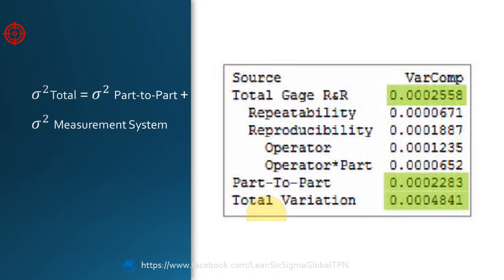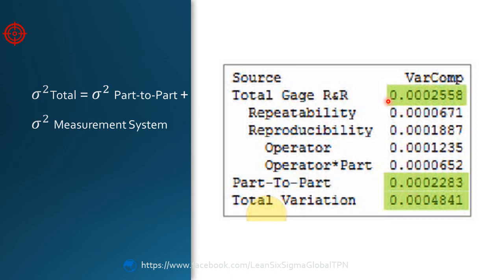Both of these variance components add up to the total variation in the measurement system. Based on the numbers alone, a significant amount of the total variation is attributable to the measurement system itself.